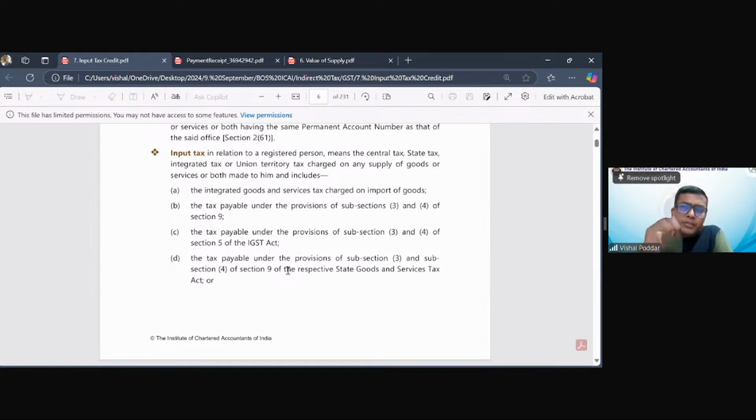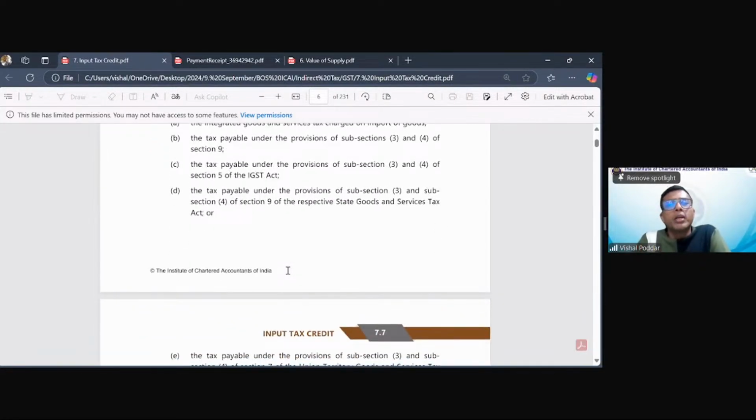So all taxes which either the supplier is charging me when I'm making a purchase from the supplier, or if he is not charging but I am paying under RCM, all the taxes, but which are GST taxes, central tax, state tax, UT tax, integrated tax, they are my input tax.